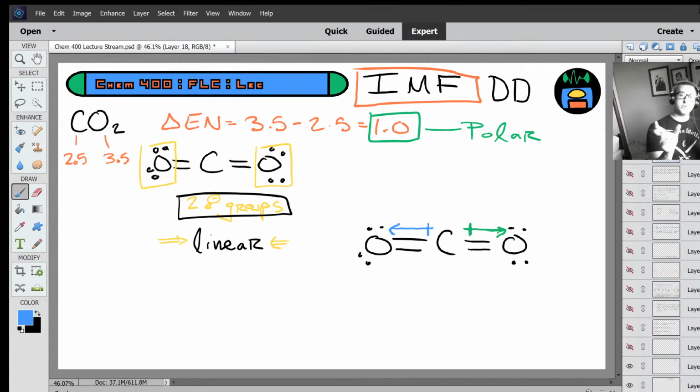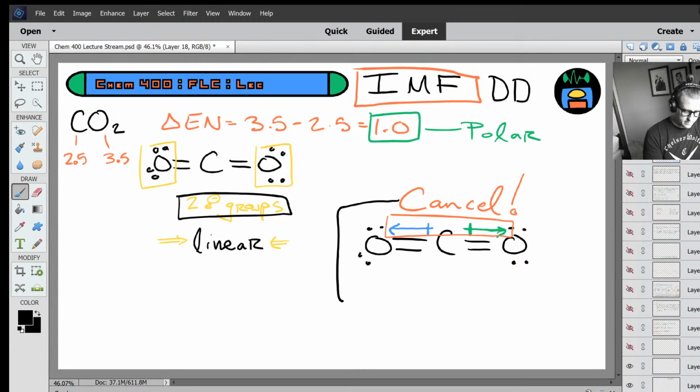And these dipoles are pulling in opposite directions with equal strength, and they cancel. They cancel each other out, which makes this molecule a non-polar molecule.